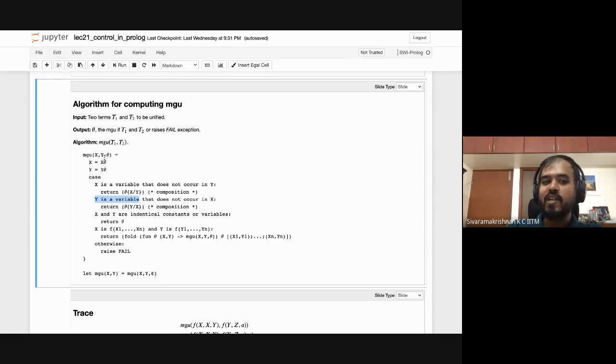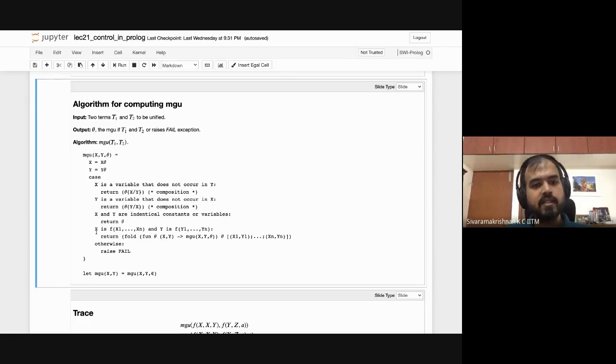Imagine x to be t1 and y to be t2. I just happen to use x and y because I didn't want to use subscript everywhere. But anyway, let's go through this. If x and y terms are identical constants or variables, then there is no influence on theta, so we just return theta as it is.